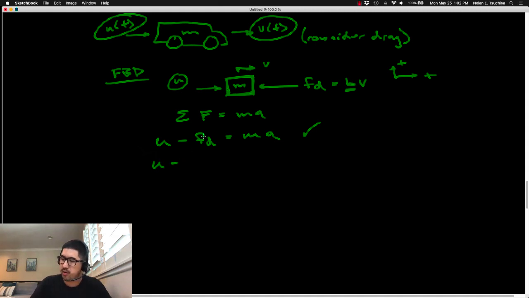In other words, what we want to do is replace our drag force with something relating to the velocity. Then we're going to set that equal to the mass times the acceleration, but again, we want to put things in terms of our inputs and outputs.